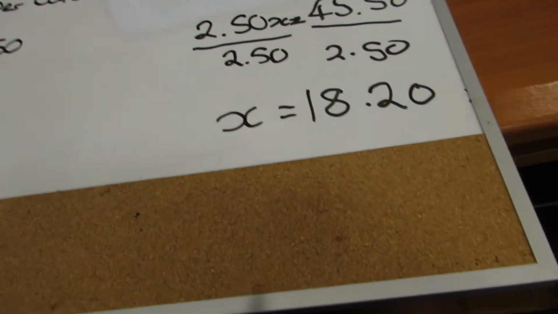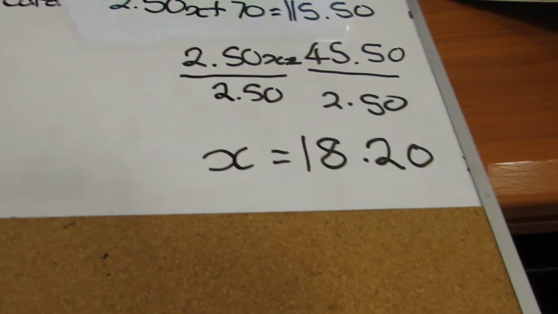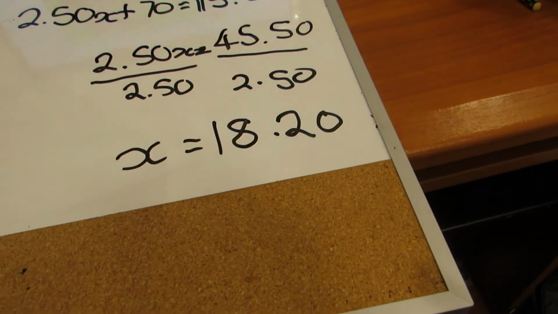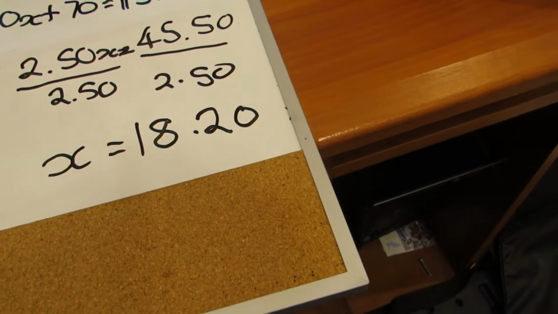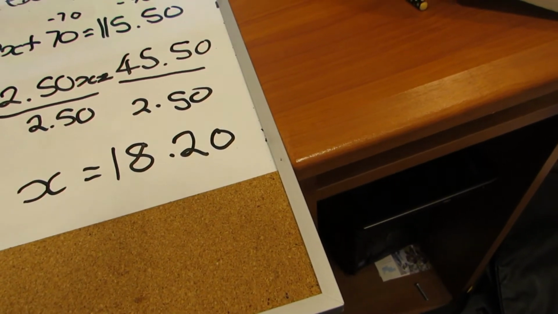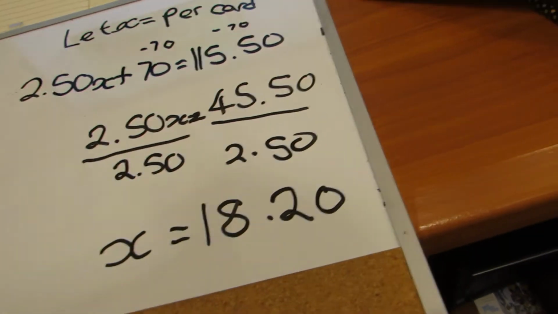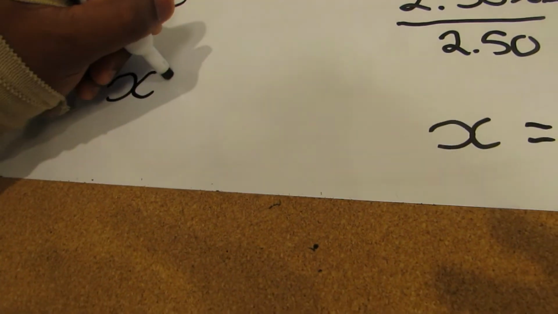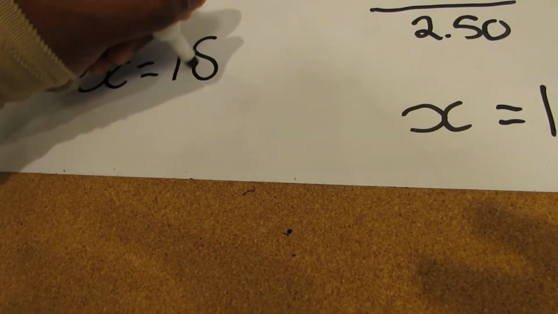But think about it, we're trying to find how many cards were printed. The answer isn't 18.20, is it? Because you can't print 18 cards and then 0.2 of another card. So the answer will be x equals 18 cards.